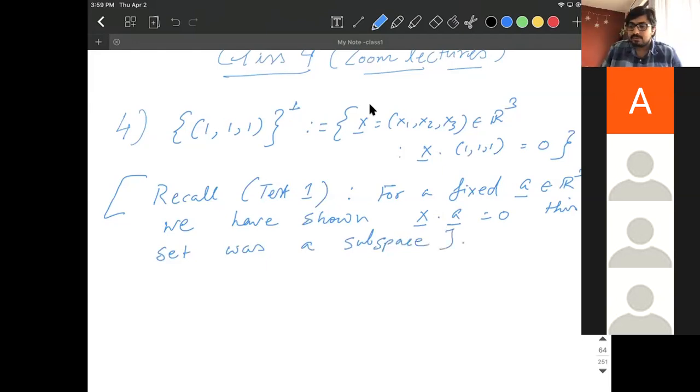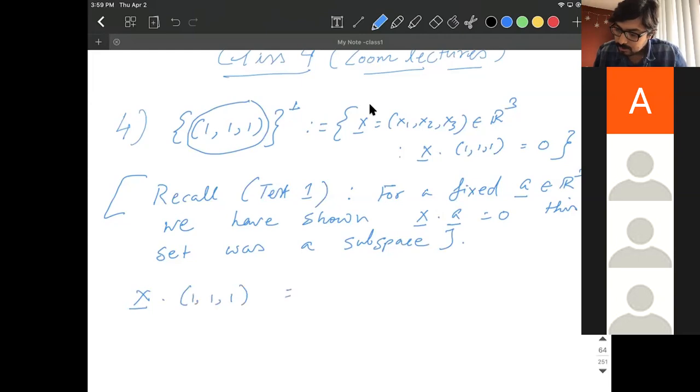Now this is a particular example. Our A in this case is this vector 1, 1, 1. If you rewrite this in terms of dot product, what is x dot (1, 1, 1)? This is simply (x1, x2, x3) dot (1, 1, 1), which will be x1 plus x2 plus x3.